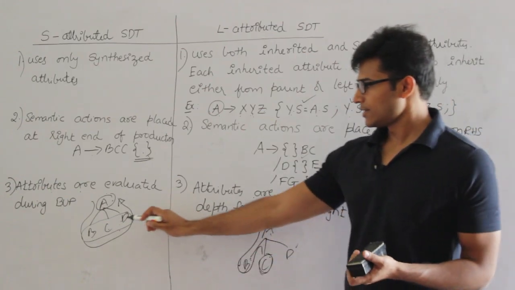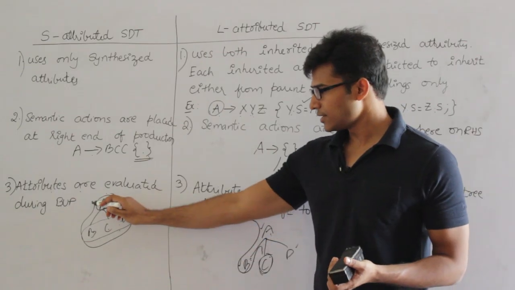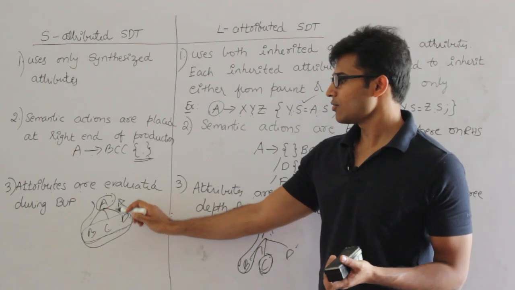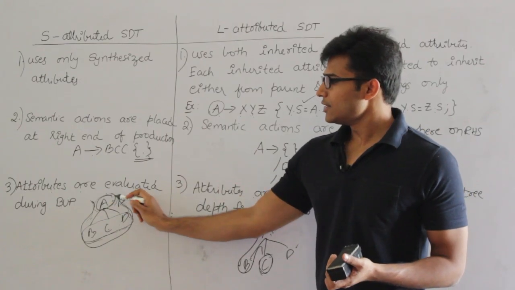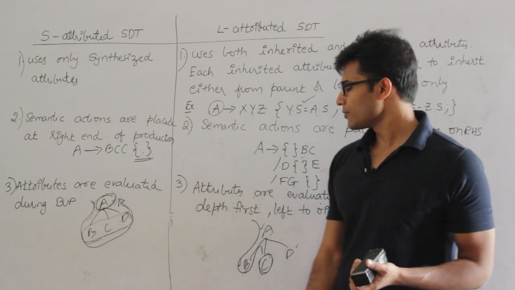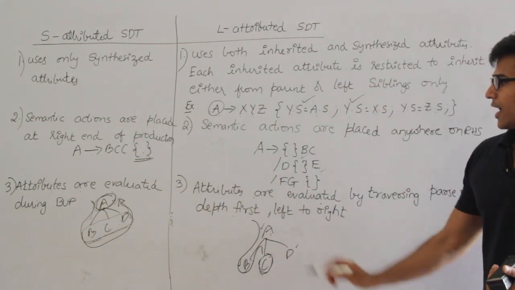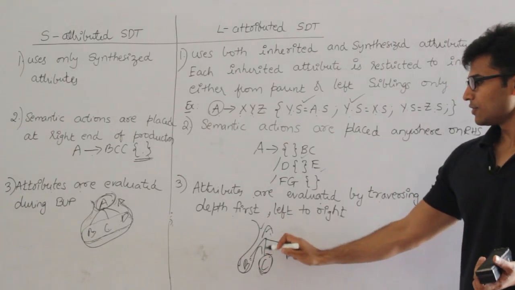So understand this. In S attributed, values are evaluated in bottom up parsing. The reason is, by doing this bottom up parsing, I could see all the values that A is depending upon first, and then I can come here. And similarly here, attributes are evaluated by traversing the parse tree depth first, left to right.